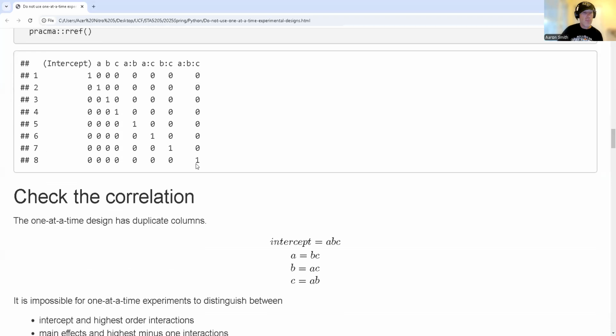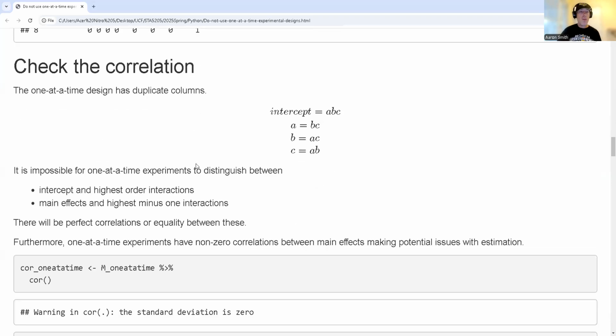All right, so now let's take a look at the correlation. All right, so like I said before, one at a time design has duplicate columns. The intercept is equal to the three-way interaction. A is equal to the two-way interaction of B and C. B is equal to the two-way interaction of A and C. C is equal to the two-way interaction of A and B. You'll notice that whichever letter is missing, it's equal to every single time.